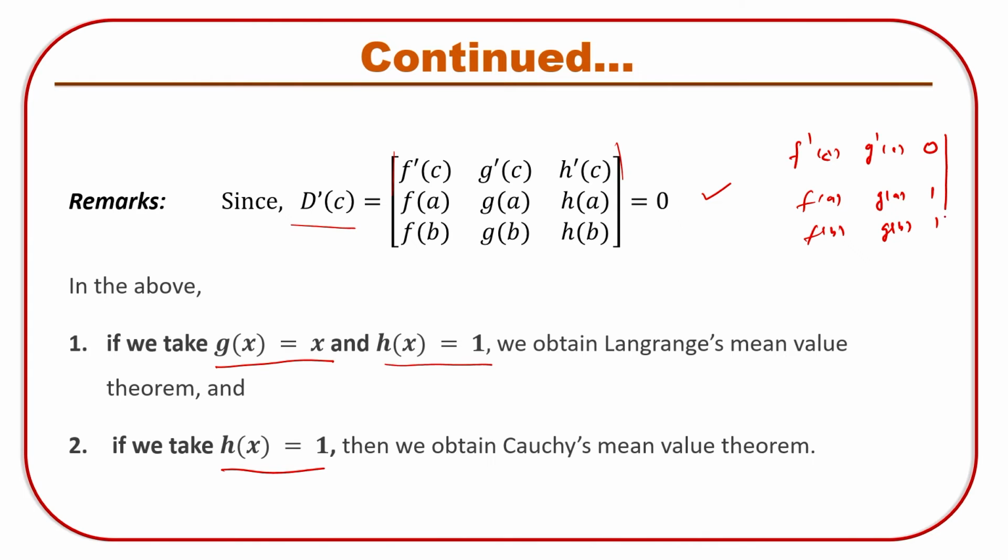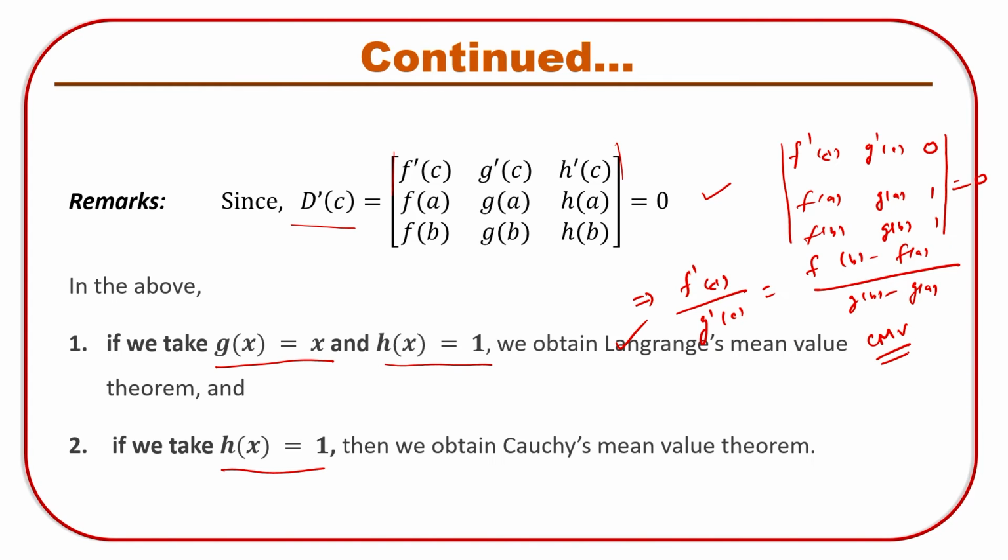This is the constant function, and this is equal to 0. Now you can just simplify. This is a 3 cross 3 square matrix, so we can find the determinant very easily. So this will give you f'(c) divided by g'(c) directly equal to (f(b) minus f(a)) divided by (g(b) minus g(a)), and this is nothing but the Cauchy mean value theorem, right?